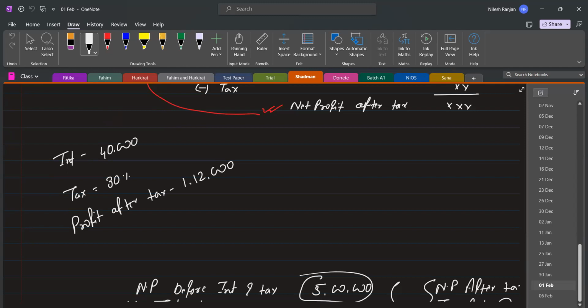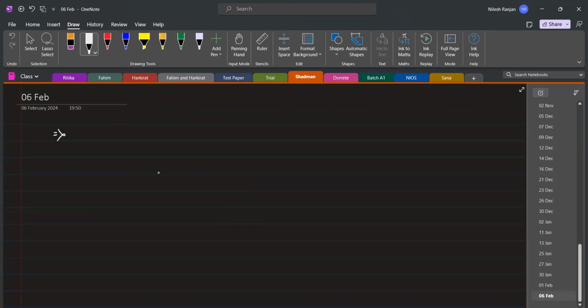Now, what is debt to capital employed? Debt to capital employed ratio.